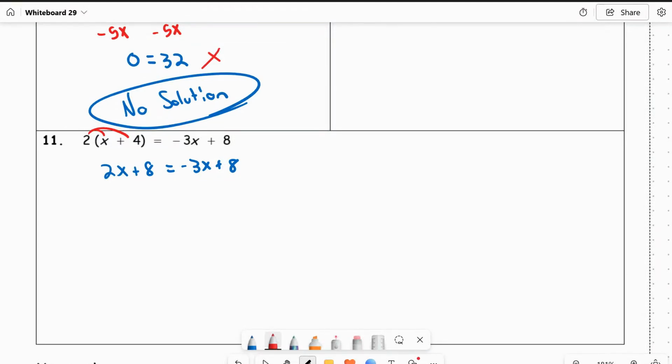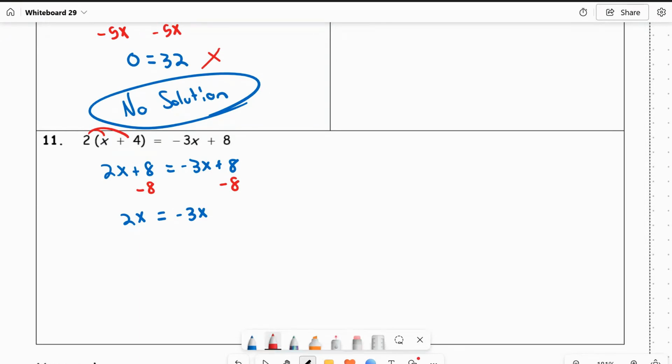Once again, let's isolate our variable. So let's start by subtracting 8 from the other side. This is going to leave me with 2x on my left side minus 3x. 8 minus 8 gives me 0, so just minus 3x.